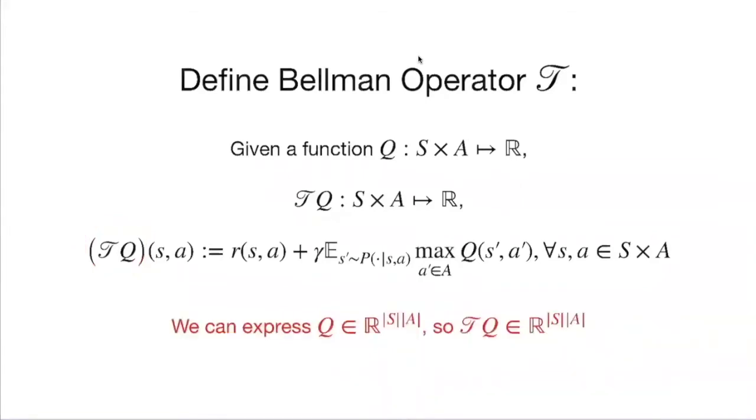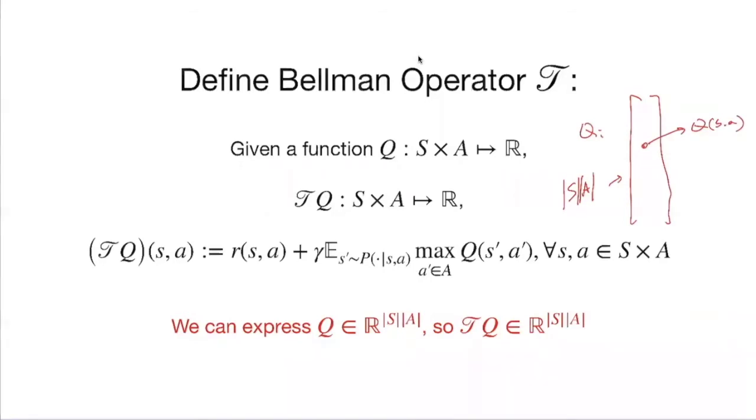Now, like what we did in Tuesday's lecture, we can express this Q function as a vector whose size is S times A, because Q is indexed by state-action pairs, and we have S times A many of them. Every entry in that vector is the value measured at a particular state-action pair.